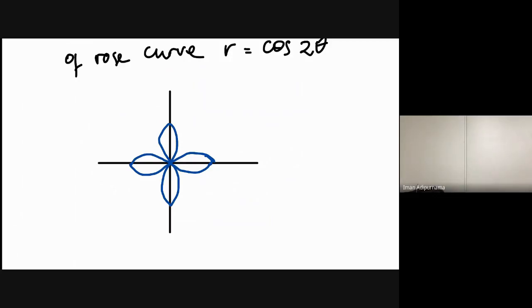The question is asking for the area of only one loop. You can choose which loop. Let me mark the area, this one.